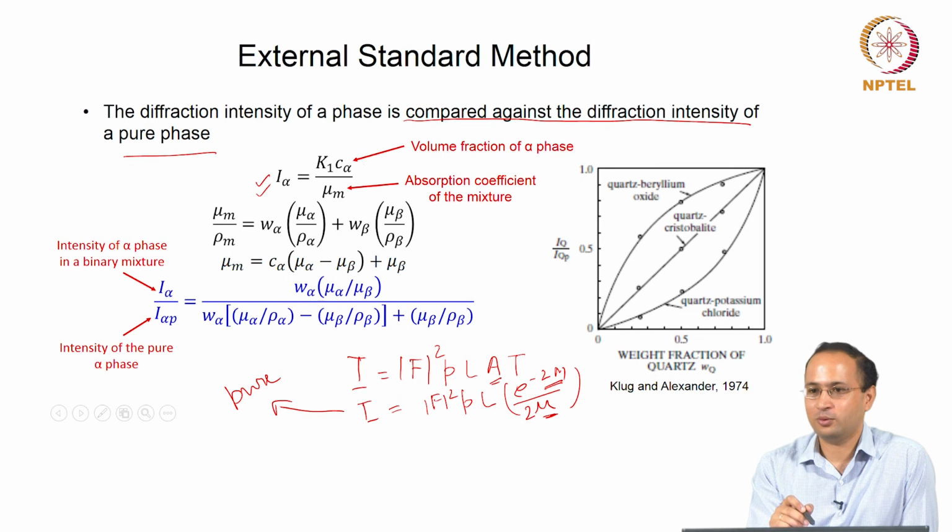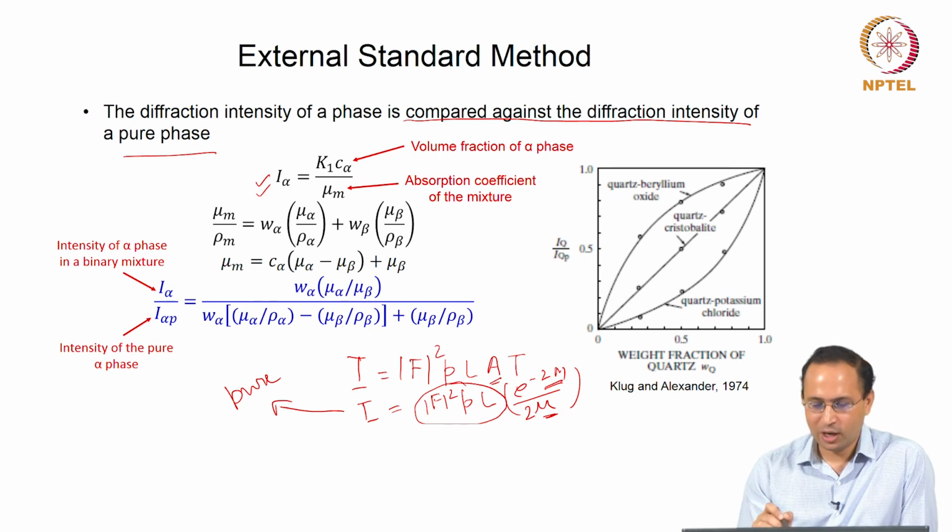Suppose you know the volume fraction of alpha phase, or even if you do not know, you can write it as C alpha, because if C alpha is 1, that means you should get the intensity like this, for the pure phase. So, we are multiplying this, and all of this we can write as a constant, because we are talking about one HKL, one plane, for example the strongest peak. So, I alpha can be written as K1 C alpha over mu m.